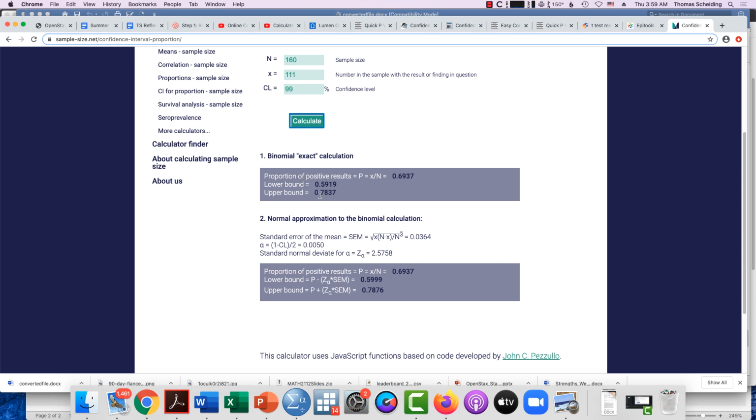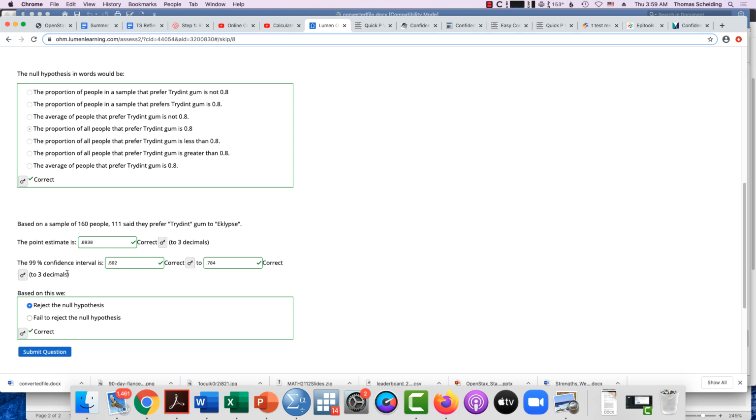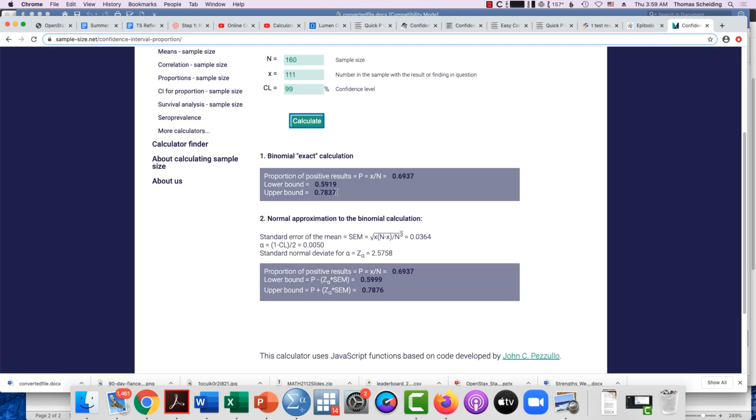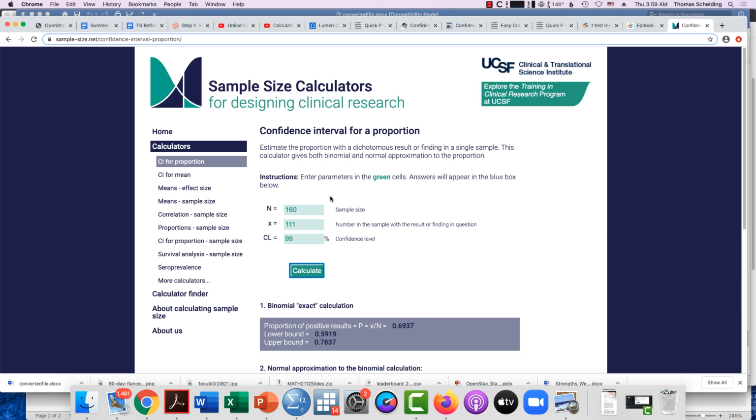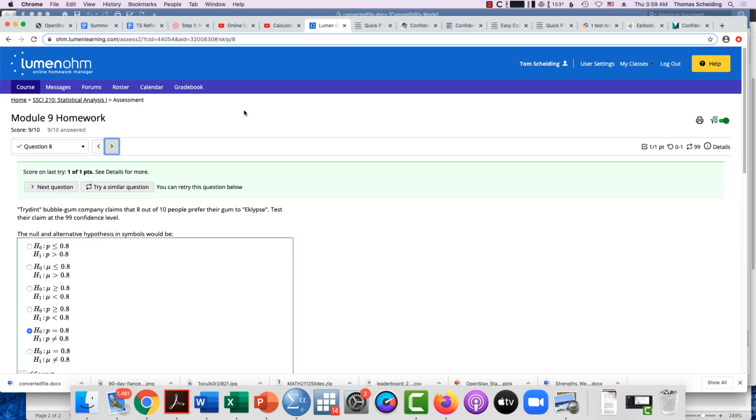So given that, it's not likely at the 99% level that I'm around 80%, which is why I rejected. So 0.592, 0.784 came from here. So again, the whole point, sorry, let me just show you the last one here and then I'll conclude here.